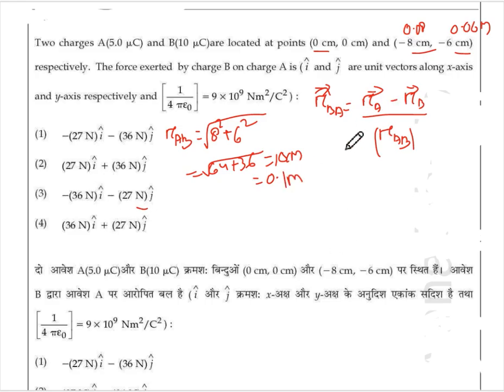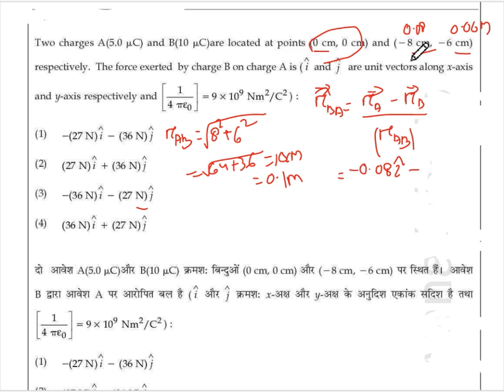So now put the values. So it's RB minus RA. As RA location is 0, 0, we don't require to write anything, so it's easy to calculate. So its unit vector RBA will become like 0.08, its x axis, so I cap, minus.